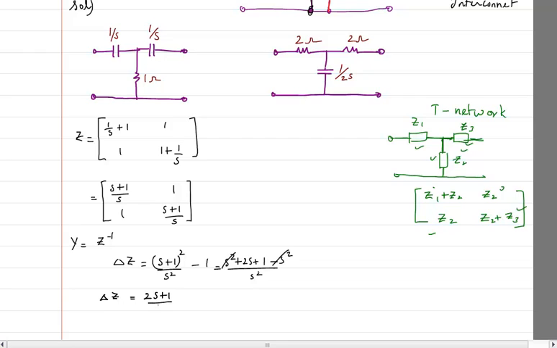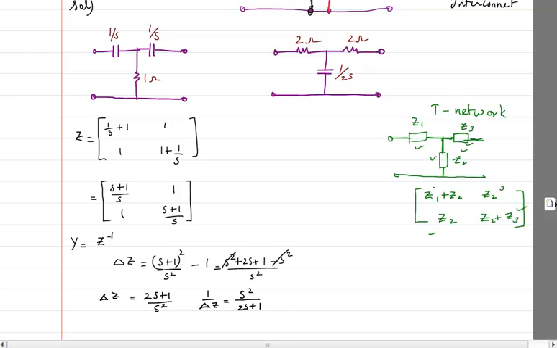Or I can write 1 by delta z as s square by (2s plus 1). Correct? I can write this.